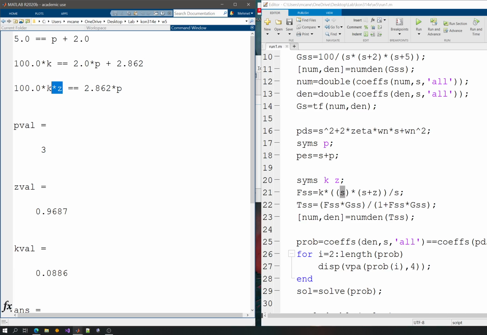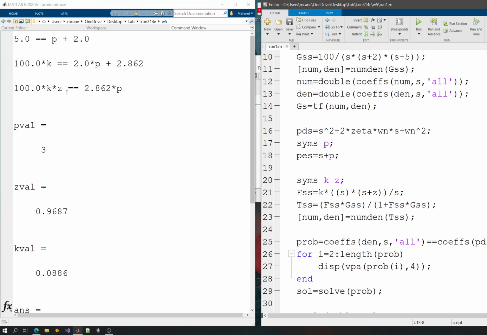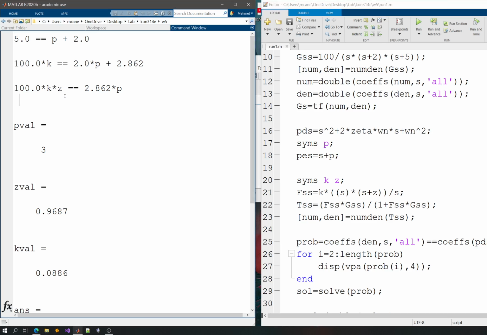I have k times z, which is nonlinear, and if I have more unknowns, it will show me a more sophisticated output, and it is not that readable, and I'm not able to see what exactly will be the solutions. But you can see that this multiplication will be coming up more and more, and maybe calling this k times z a different thing will solve my problem.